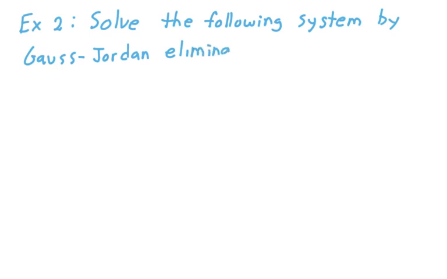The only difference between example 1 and example 2 is we got to write the augmented matrix and then put it in reduced row echelon form. That's the only difference. Now, this is our system.